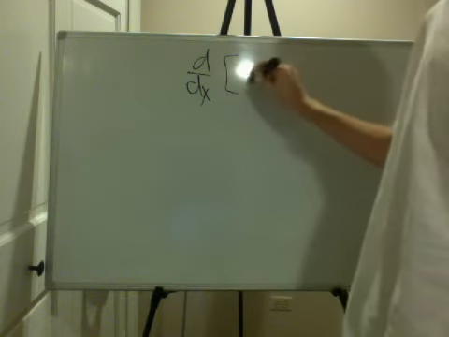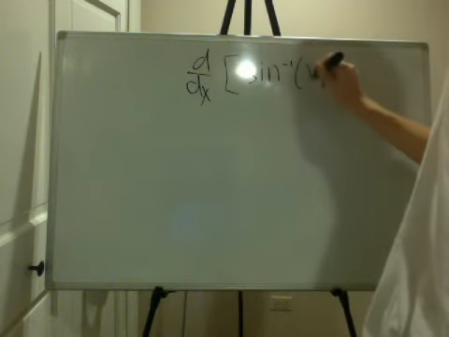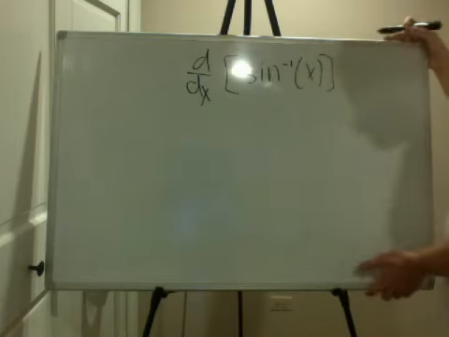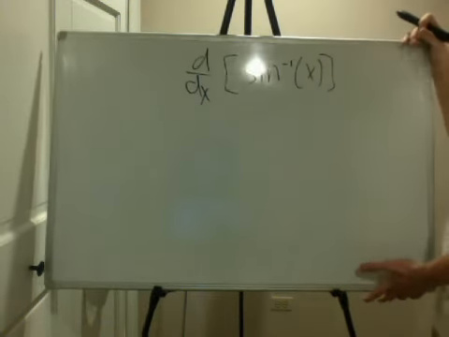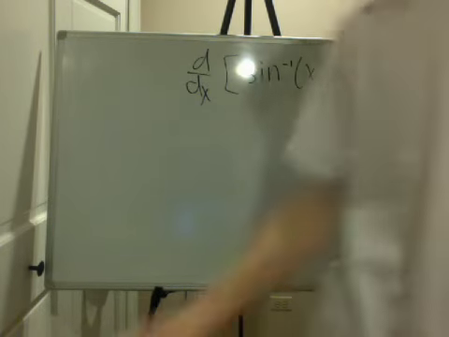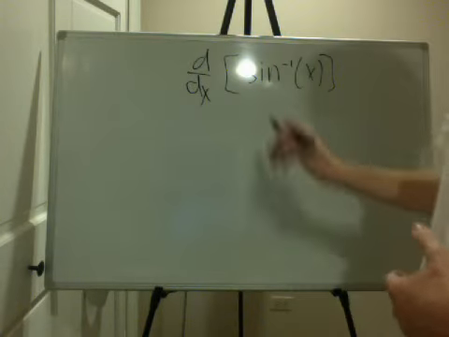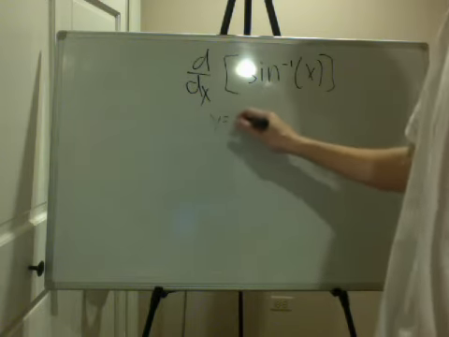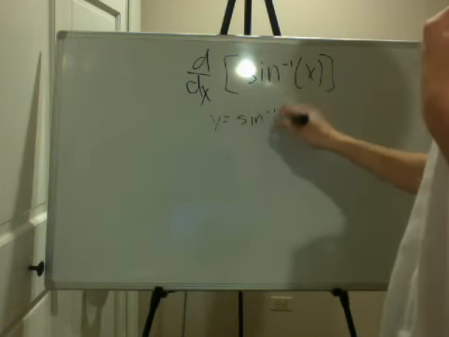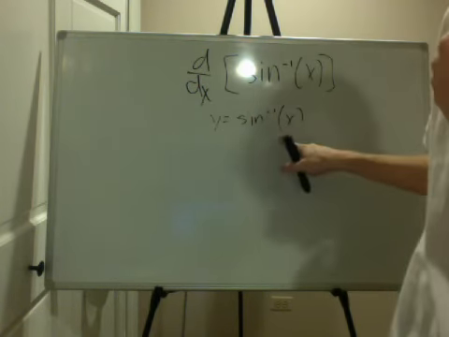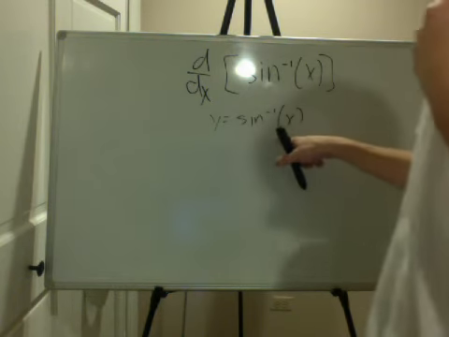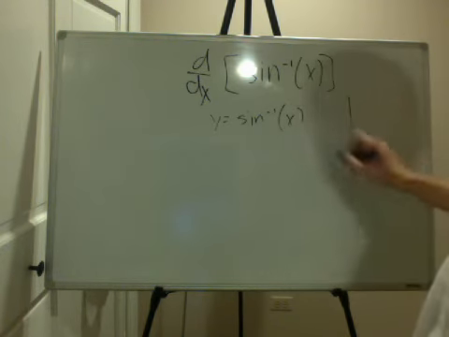Okay, so you're going to find the derivative of the inverse sine function. How would you do that? Well, let's take a step back and think about the definition of inverse trig. If y equals sine inverse of x, then you can draw out a picture, like we used to do back in pre-calc.